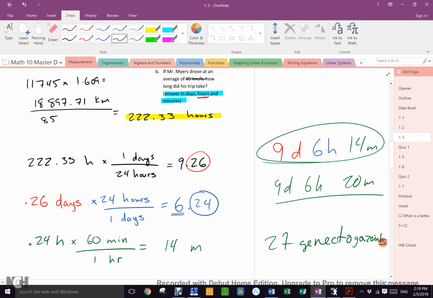Is everybody with me? Does everybody see what we did? Again, even though I never showed you time, you will notice that the same math that we did for distance, metric to imperial, imperial to metric, imperial to imperial, metric to metric, the method continues to work no matter what we are converting.